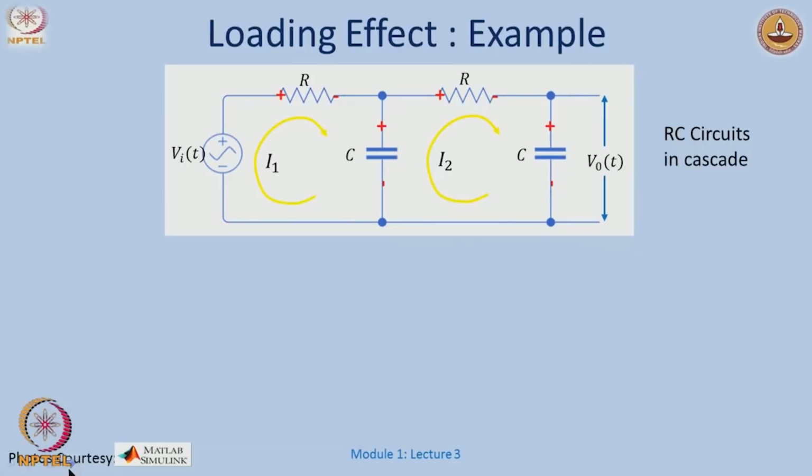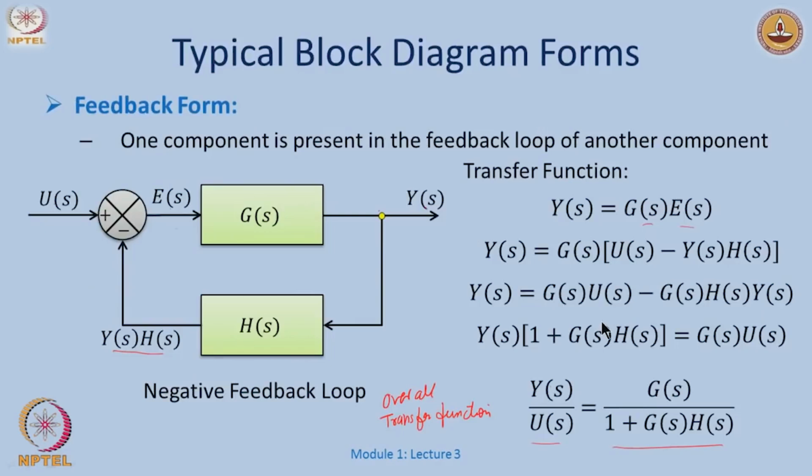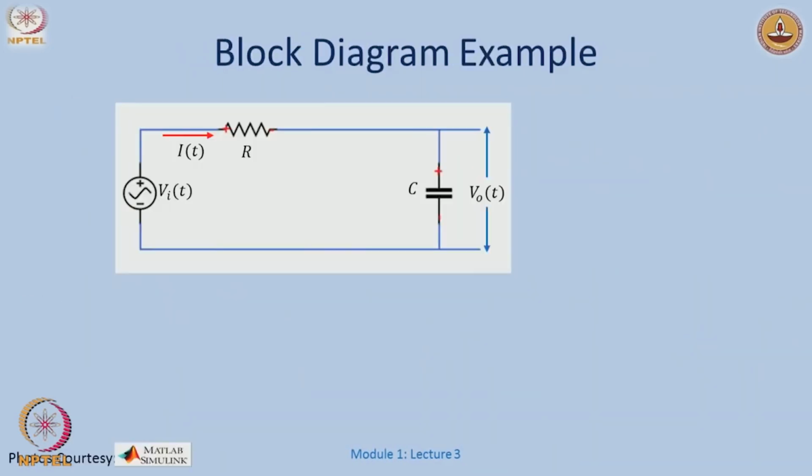So, if I am a little lazy, I could look at this system as having one RC circuit connected to another RC circuit. Okay, how did the transfer function of this RC circuit look like? Let us go back a few slides.